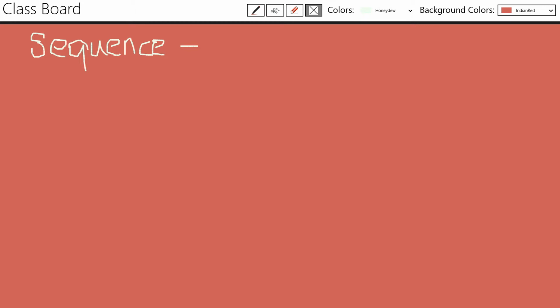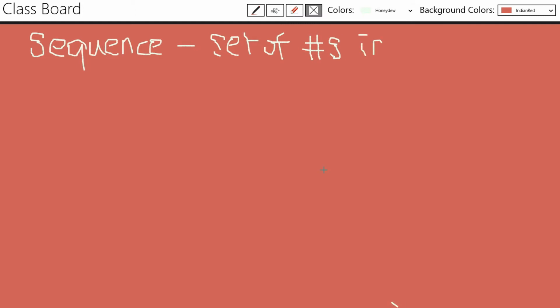So here's the definition of sequence. If you want to look it up in the book, you're fine. But to me, what sequence means is a set of numbers in a particular order. So I can write that down. Set of numbers in a particular order.